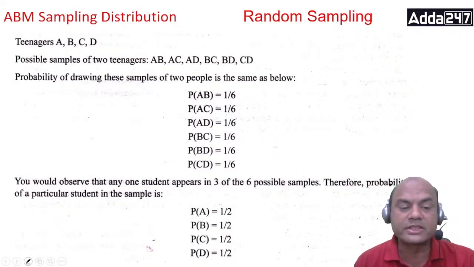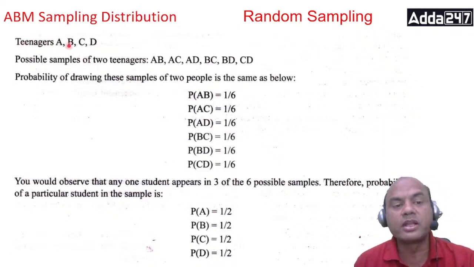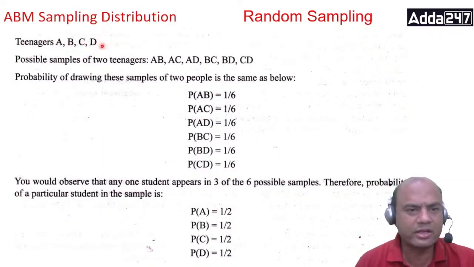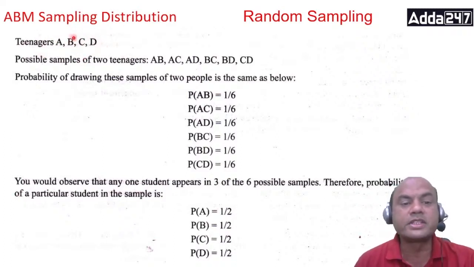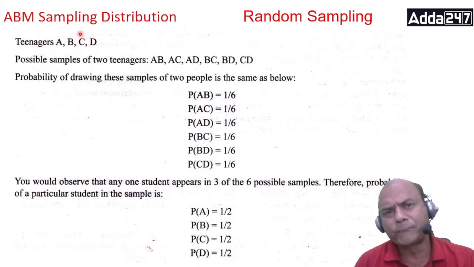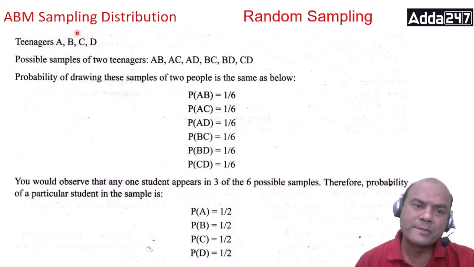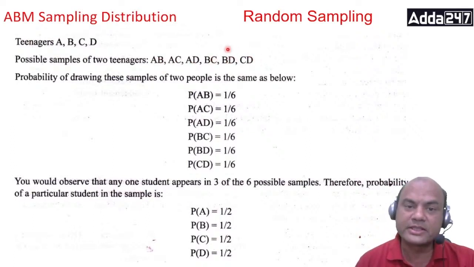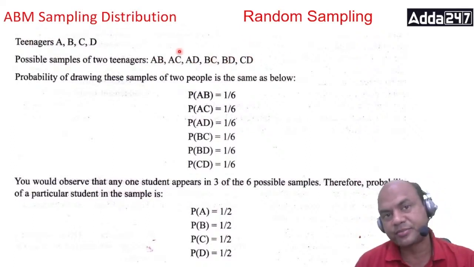Suppose I give you this example, there are 4 teenagers A, B, C, D. Any boys, anyone we can consider. Now I have to select a group of 2. How will I select? Group of 2 can be selected in these ways: AB, AC, AD, BC, BD and CD. This is the only way which I can select, right?